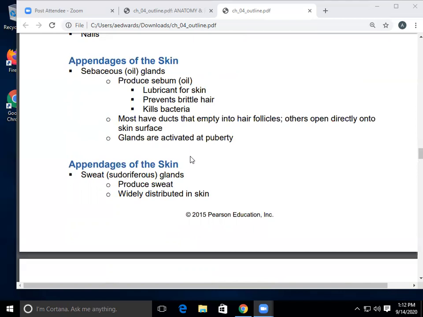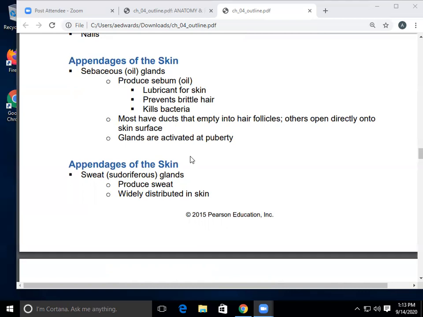All right, so most of these sebaceous glands have sebaceous gland ducts, and that allows the sebum to go into a hair follicle, and some of those ducts will actually go to the surface of the skin. These glands get activated at puberty.